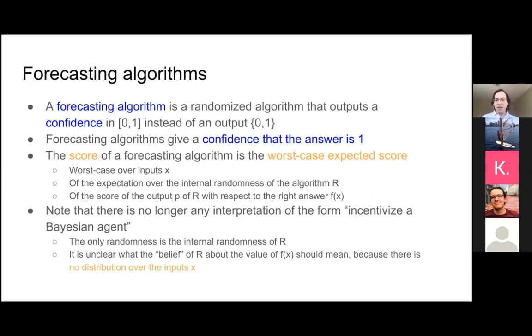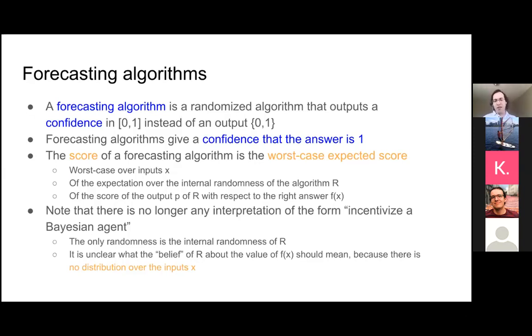When your inputs are worst case, it doesn't make sense to say you're a Bayesian agent with this much belief about the input being this or that. The input is worst case. So there's no prior, therefore no posterior, no definition of properness anymore effectively. Of course, the scoring rule itself might be proper, but it no longer tells us that the algorithm is some Bayesian agent whom we're trying to keep honest.